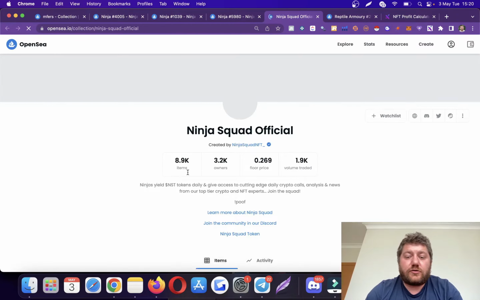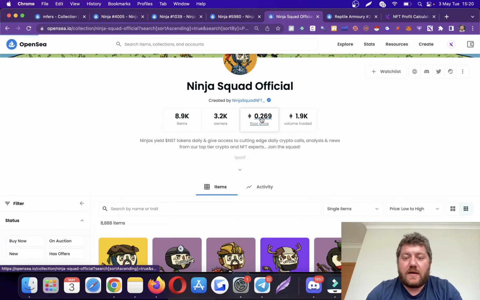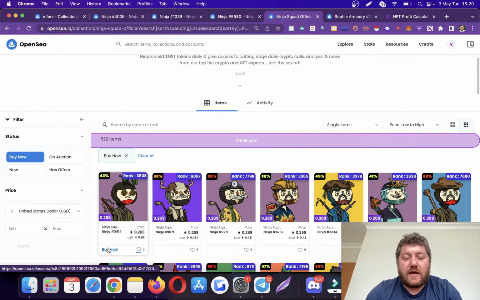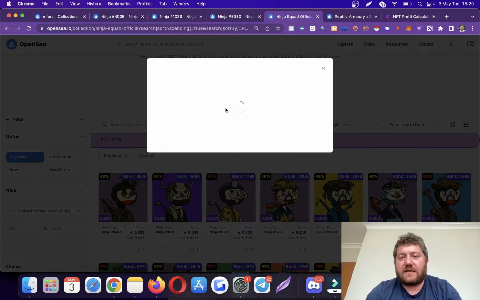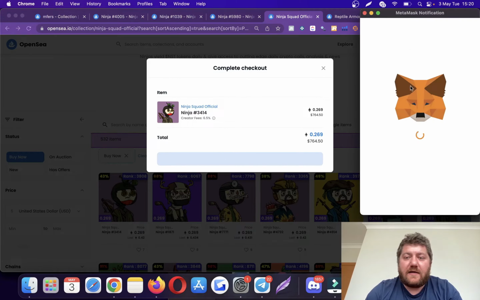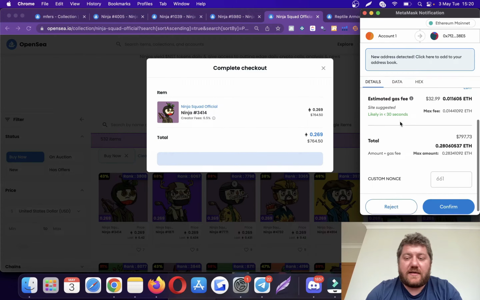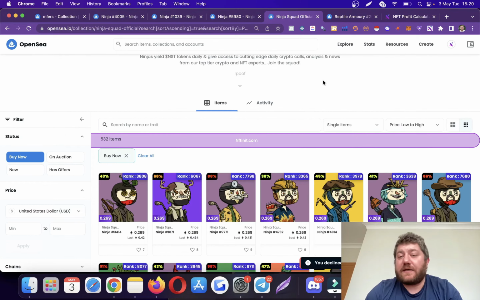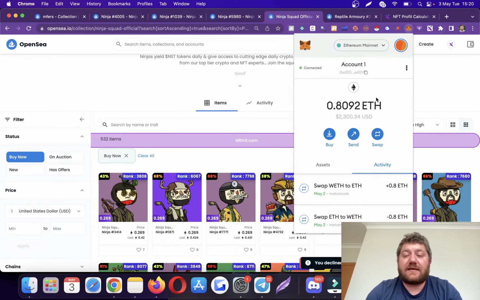If I were to buy one NFT from the floor, I would use my Ethereum balance. Let's go and check how it works. When I click on checkout, it will pop up my MetaMask, and then I will make the purchase with my Ethereum. However, when you are placing bids, you don't use Ethereum, you use wrapped Ethereum.